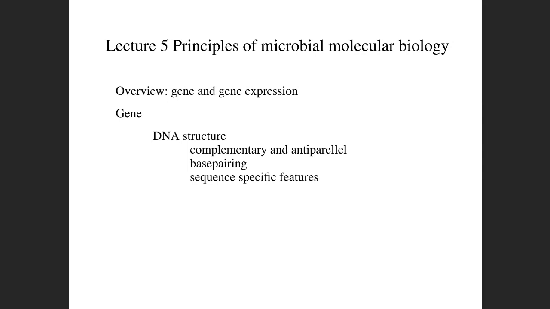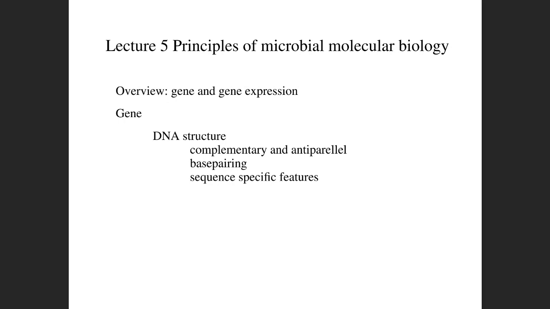And that's where the major and minor groove come in. And then because of the base pairing, you have these sequence-specific features: melting point, stem loop, hairpin structures, and cohesive end.